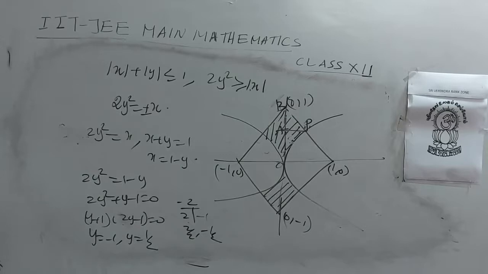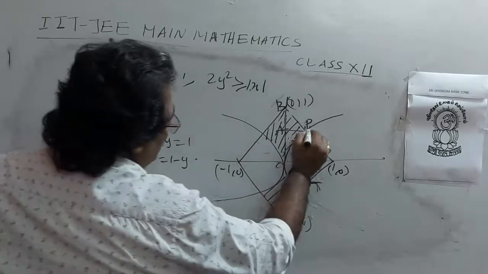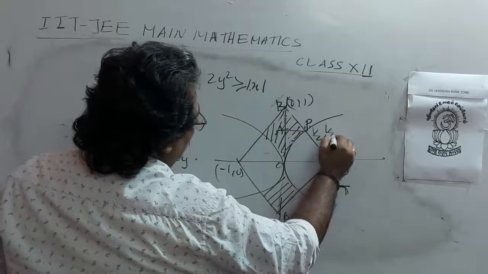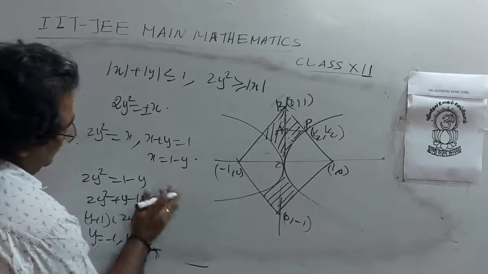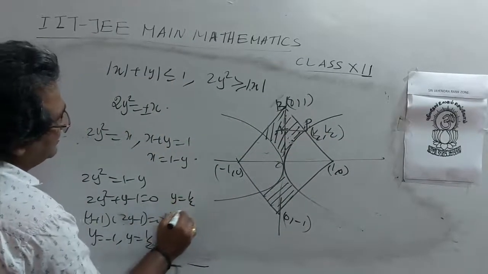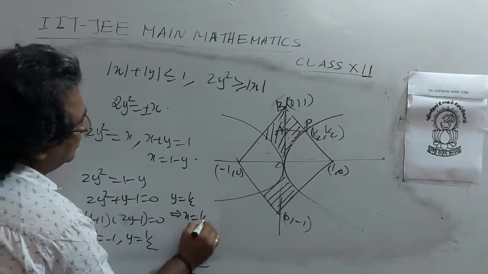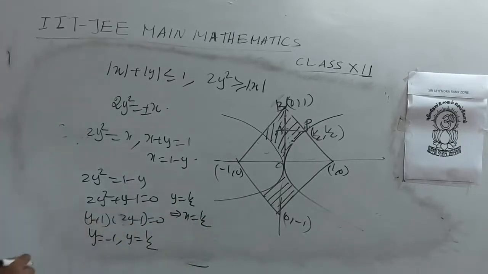Y equal to half means x equal to half. So this point is (1 by 2, 1 by 2).